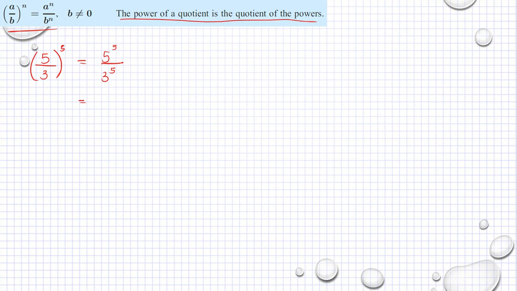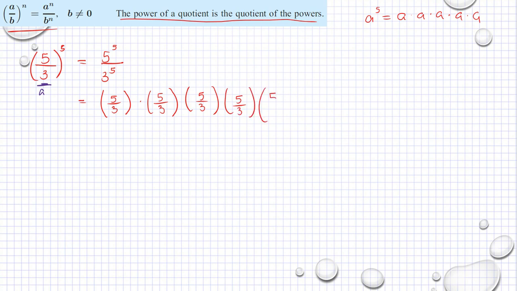Why? Because once again we have a raised to 5 is the same as a times a times a times a times a. If the parenthesis is our a, then we have 5 divided by 3 multiplied by 5 divided by 3, and then 5 divided by 3, and then 5 divided by 3, one more time.